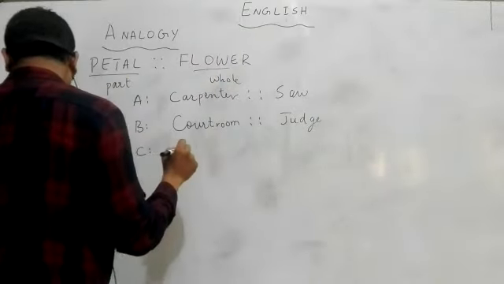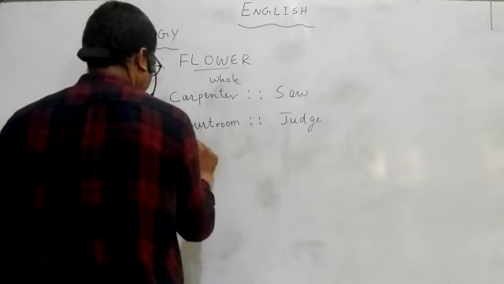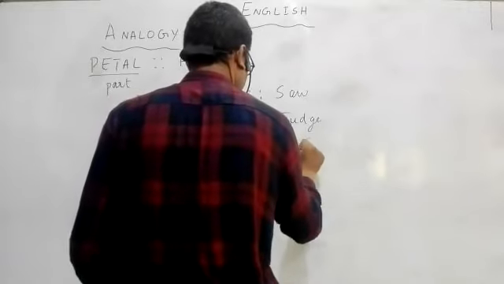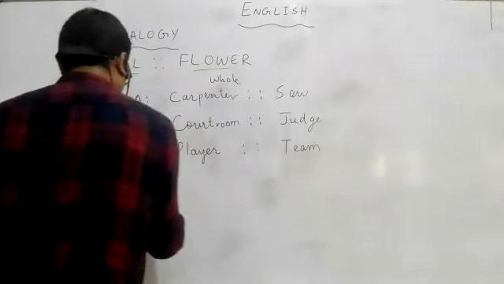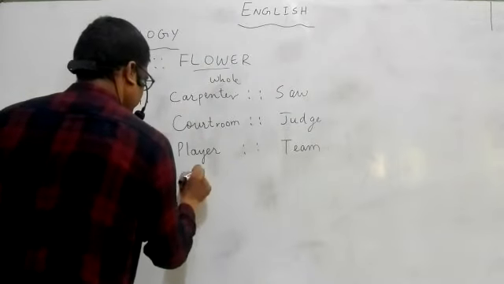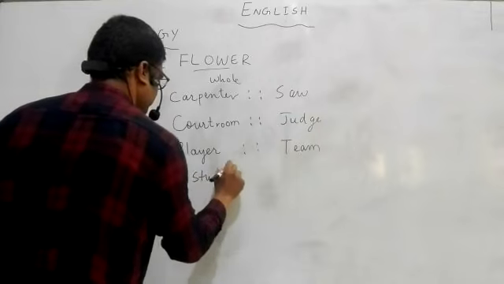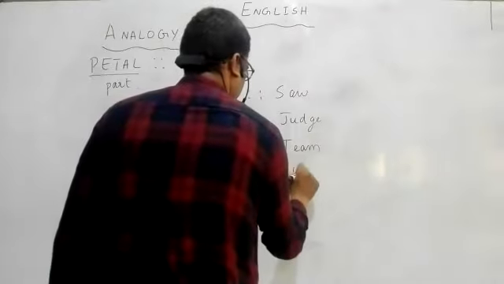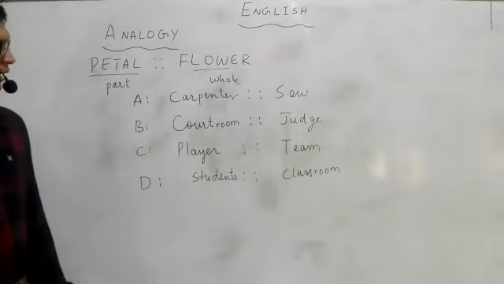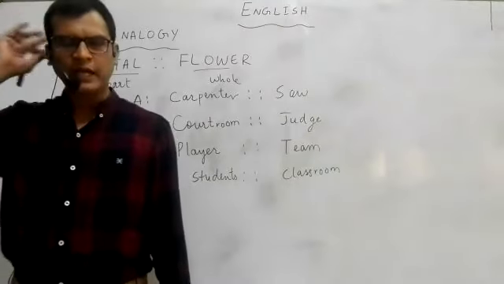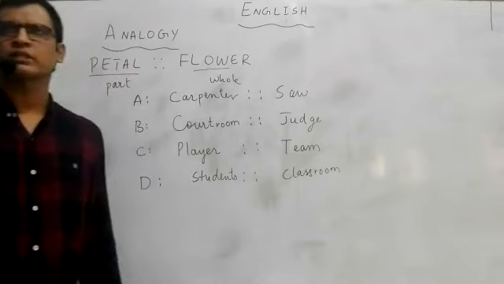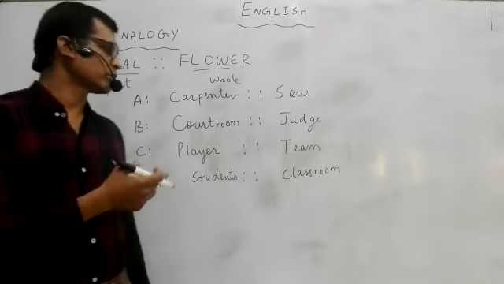C is player and the team. D is student and classroom. Now these are quite simple choices. Carpenter, we know, is somebody who works with wood, and saw is the tool that the person uses. Courtroom and the judge, quite obvious, then player in team and students in a classroom.